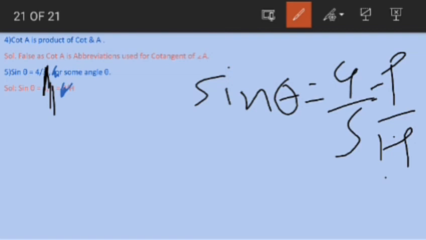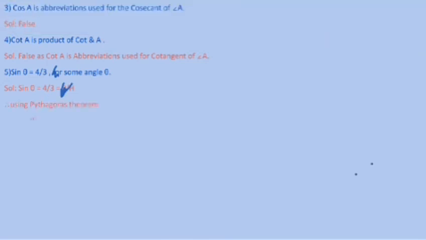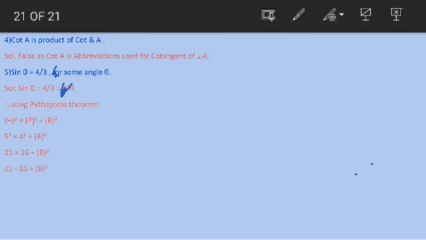For finding the base, we are again using the Pythagoras theorem, class. So using the Pythagoras theorem, hypotenuse square is going to be perpendicular square plus base square. Substituting the value of hypotenuse, that is 5, and substituting the value of perpendicular, that is 4, we need to calculate the base, that is going to be 25 minus 16.